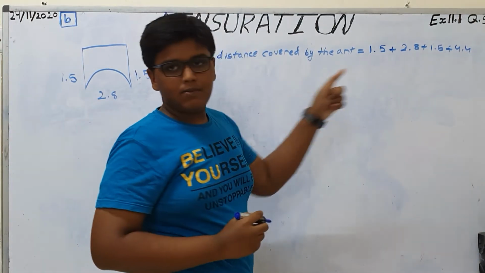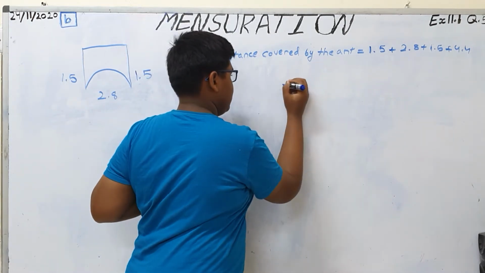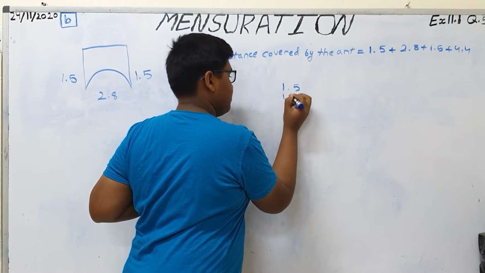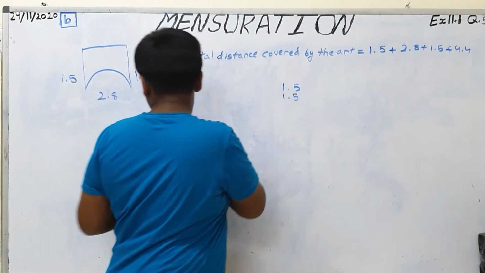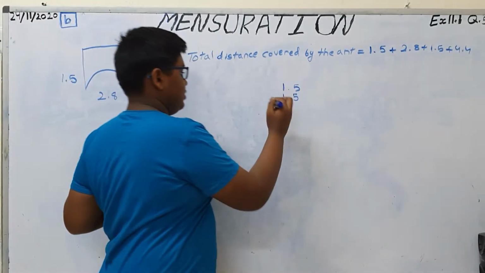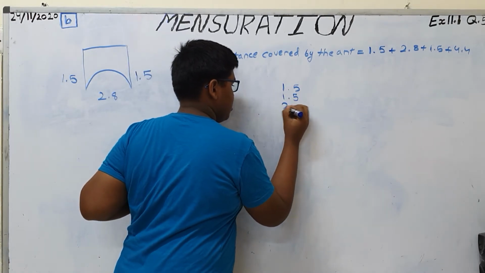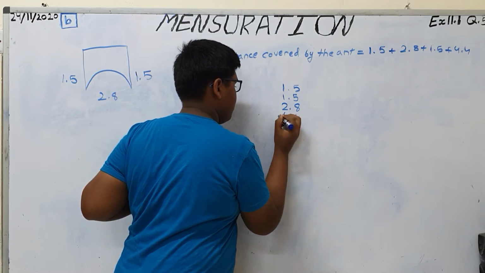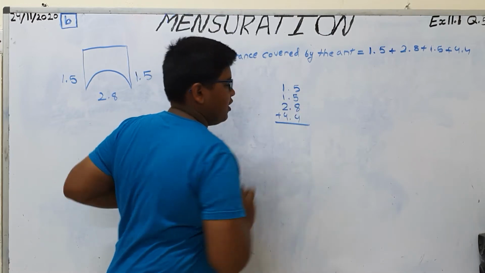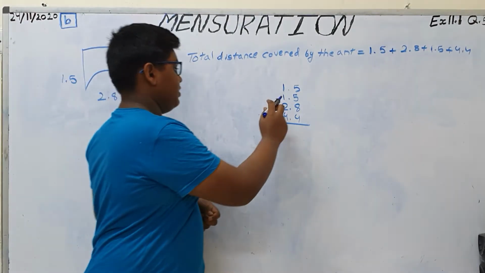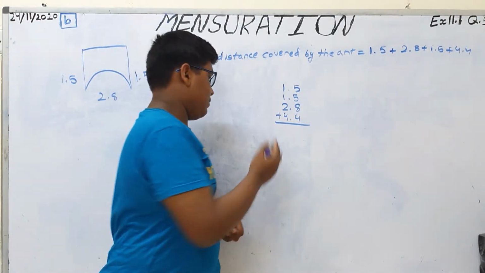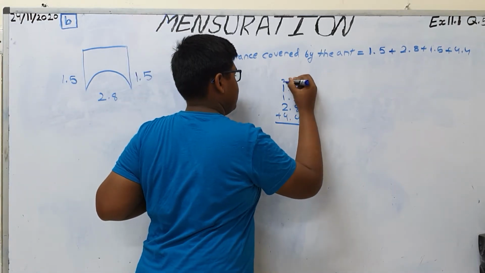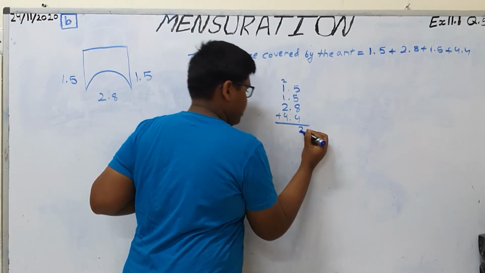Now we have to add them all one by one. 1.5 plus 1.5 again, because there are two 1.5s, and then 2.8 plus 4.4. Now we have to add them all. Now 5 plus 5 is 10. Then 10 plus 8 is 18. 18 plus 4 is 22. Now carry the 2 and write the 2 down.